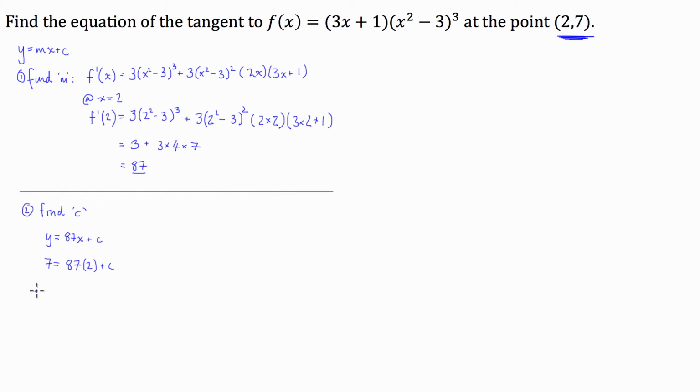So we can say therefore c is equal to 7 minus 87 times 2, which is 174. So c will equal negative 167.